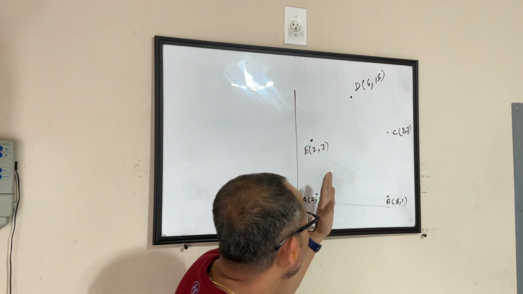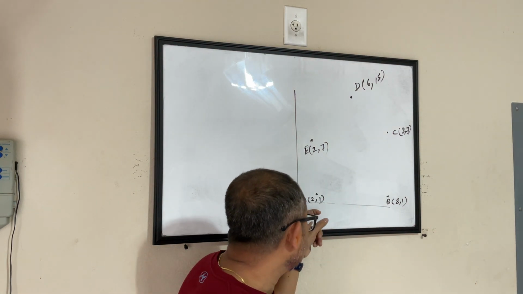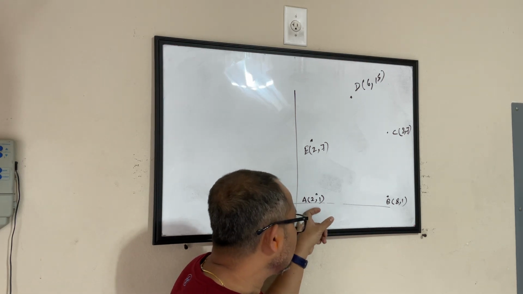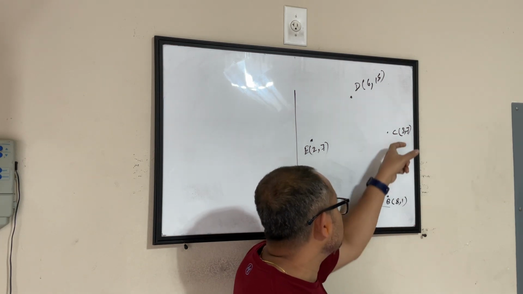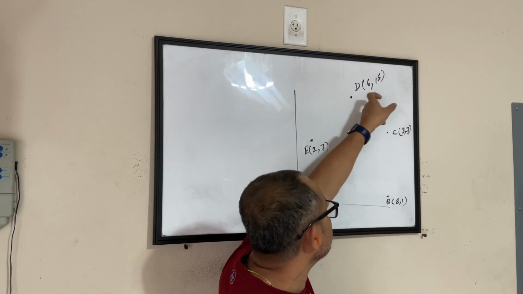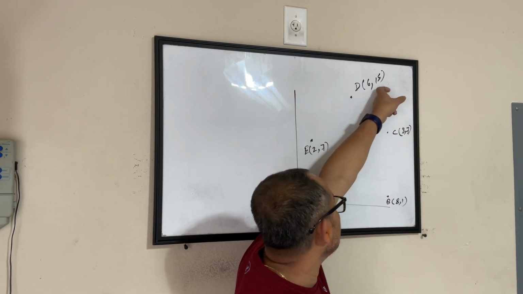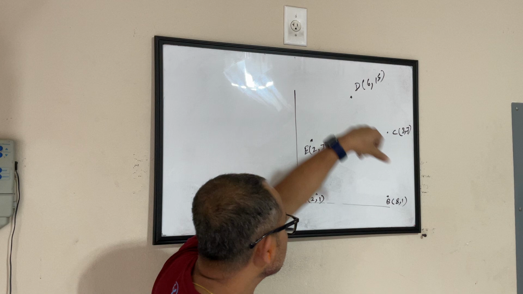So I have given 5 points here in a coordinate plane. Point A with 2, 1 coordinates, point B with 8, 1 as coordinates, point C with 8, 7 as coordinates, point D with 6, 15 as coordinates, and point E with 2, 7 as coordinates.